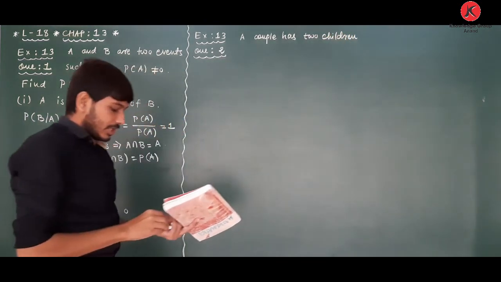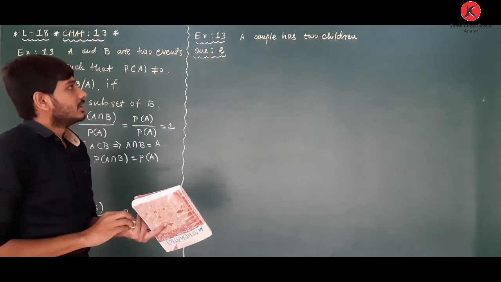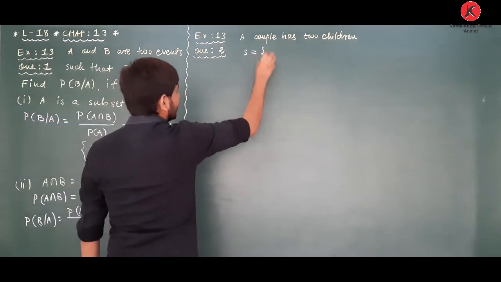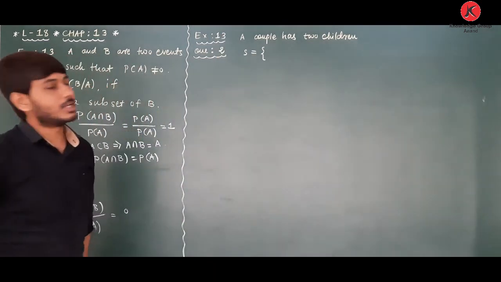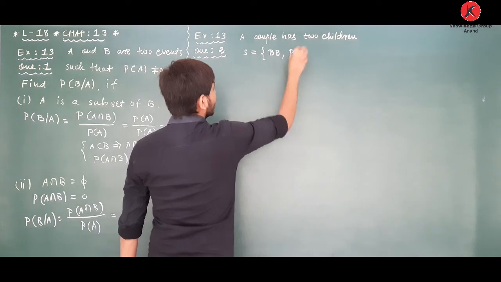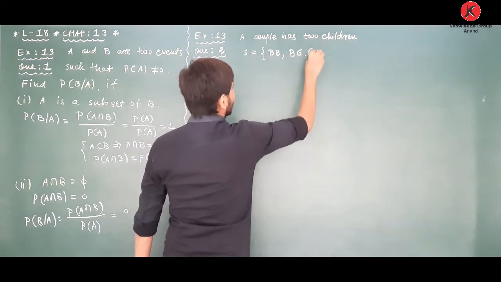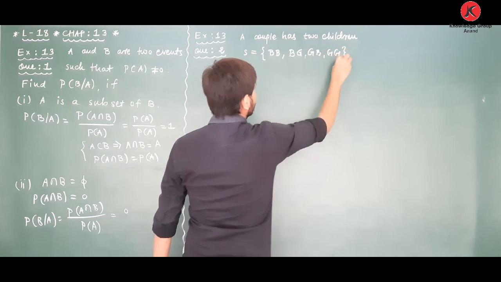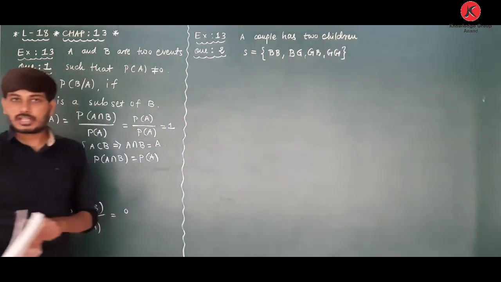Therefore, the sample space of this random experiment is S equals boy boy, boy girl, girl boy, and girl girl. Okay, 4 outcomes are there.